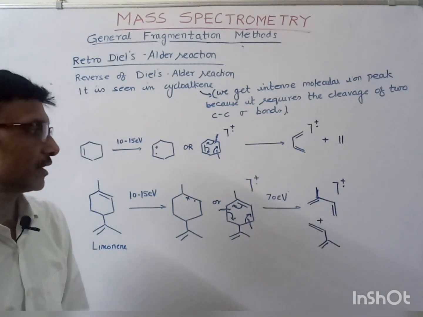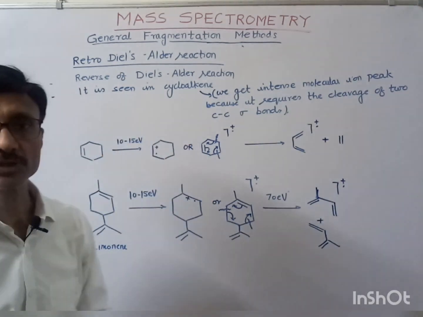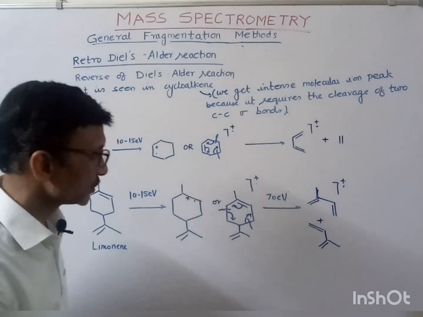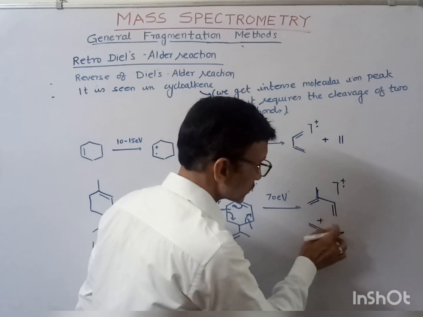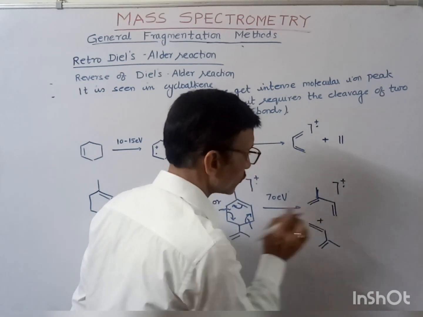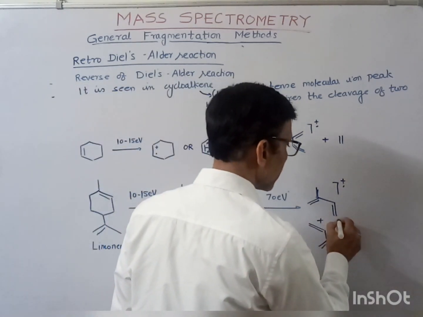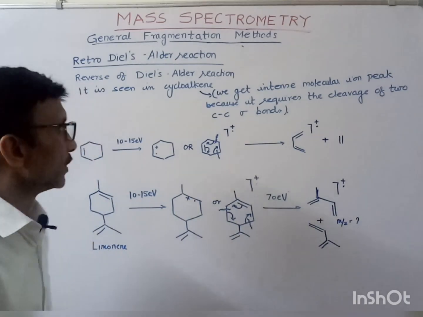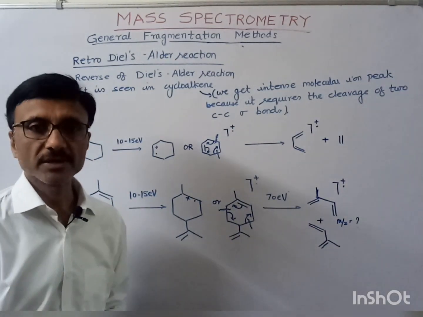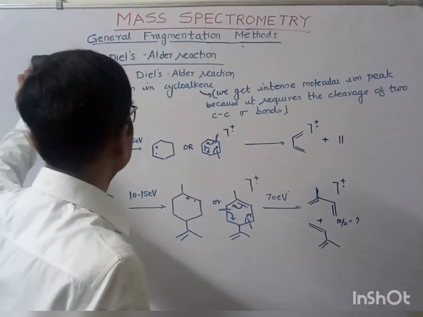What we have seen, as I told you, is that the driving force for this is the formation of a 6-member transition state. This bond has broken and this bond has broken. Two bonds have broken to give this fragment, and we will get a peak at some particular m by z value. So this is about the retro Diels-Alder reaction, another method by which the molecule can undergo fragmentation.